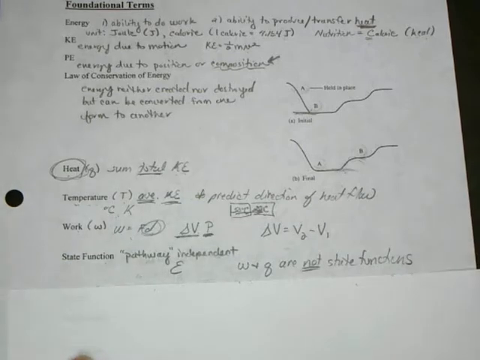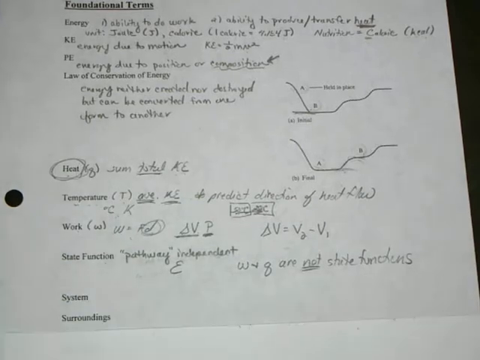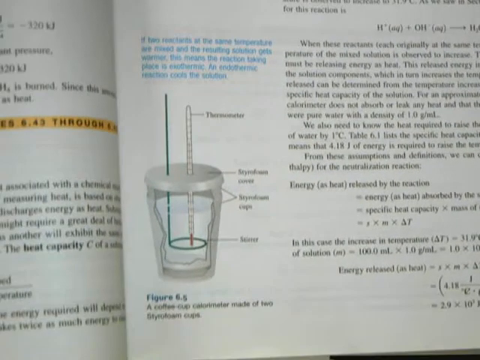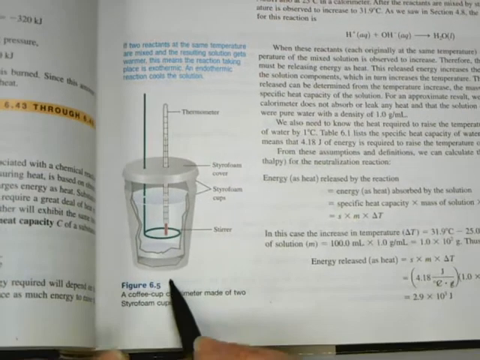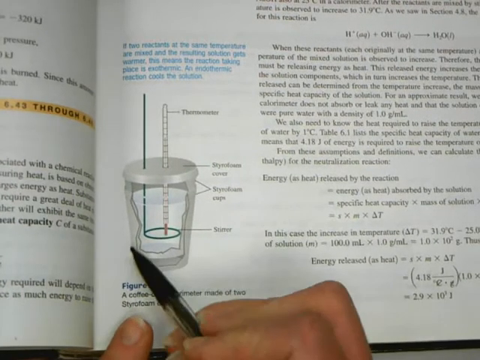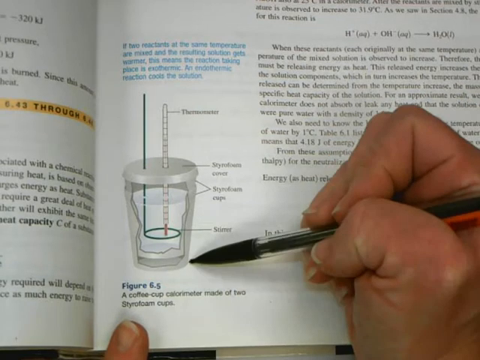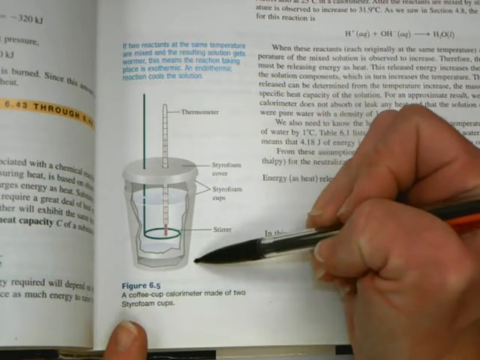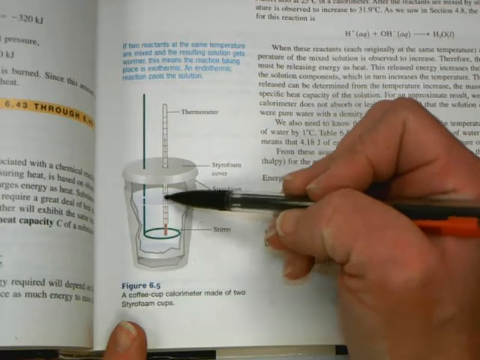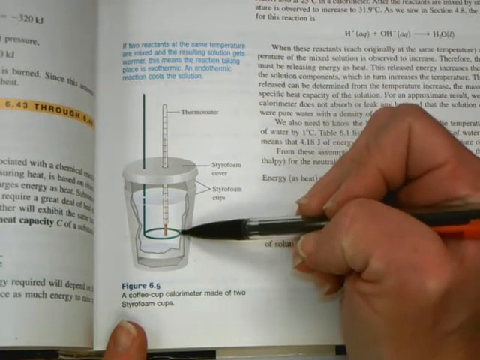Okay, now we need to look at the term system versus the surroundings. We did a lab, our stoichiometric lab, looking at a calorimeter. So let's say we're doing a reaction and we have a closed calorimeter, double styrofoam cup. Well, usually our reaction, that's our focus. That is what we call the system.